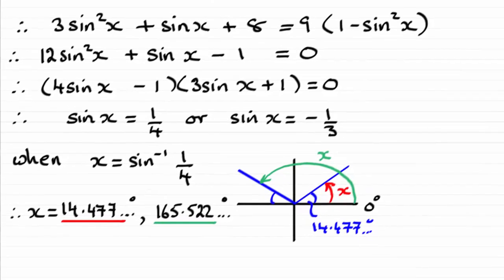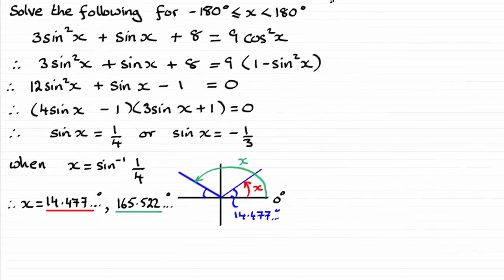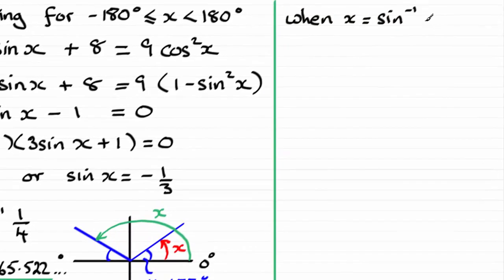All right, so let's move on now to working out our other equation, that is sine x equals minus 1/3. And when we do that one, we find that x would equal the inverse sine of negative 1/3. And if you do this on your calculator, you'll find that you get x equaling minus 19.471 and so on degrees.